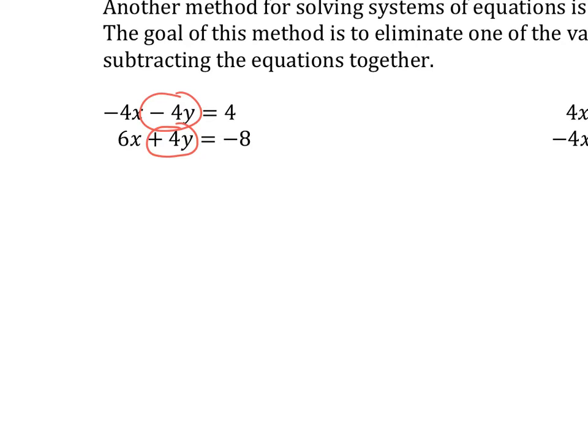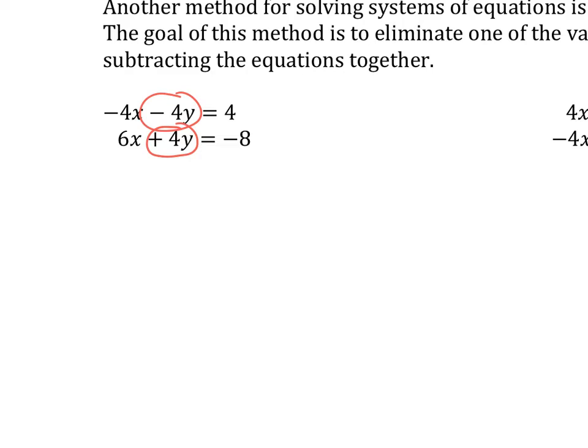So we either need to have coefficients that are the same, and then we could subtract them, or coefficients that are opposite, and then we can add them. So in this case, we have opposite coefficients. We have a negative 4y and a positive 4y.